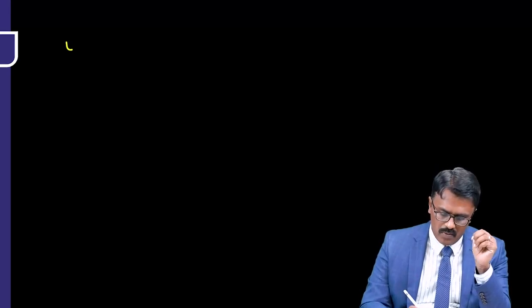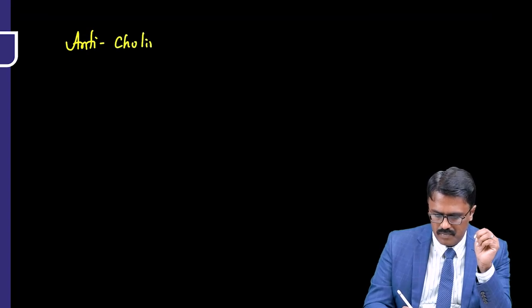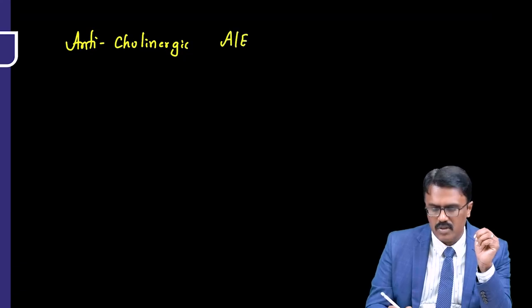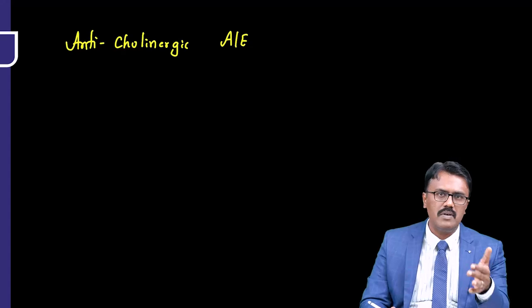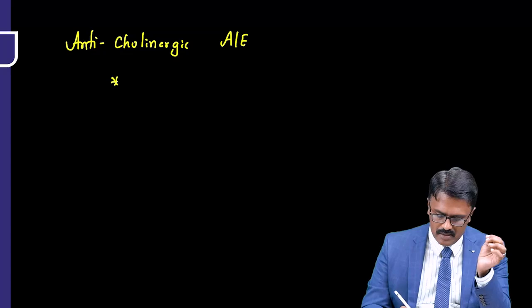So once we understood atropine and atropine poison, it's important in the future we understand what are the anticholinergic adverse effects. So in the future, if I tell you anticholinergic adverse effect, these things should come to your mind. So let me summarize.